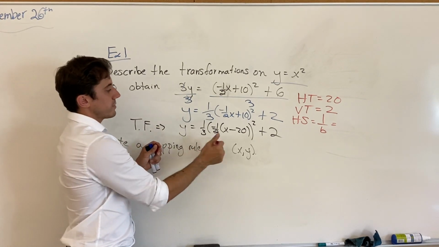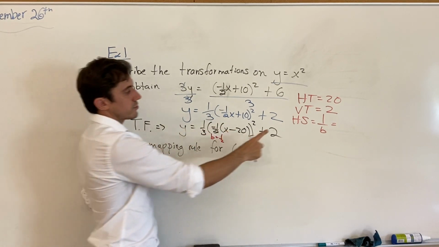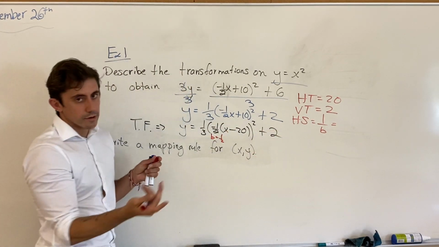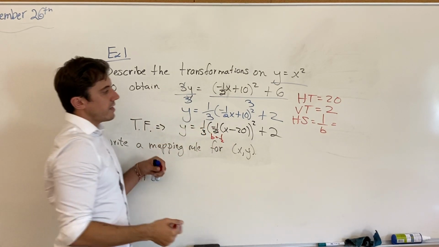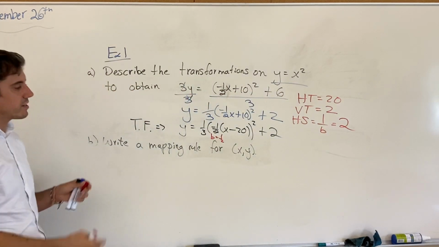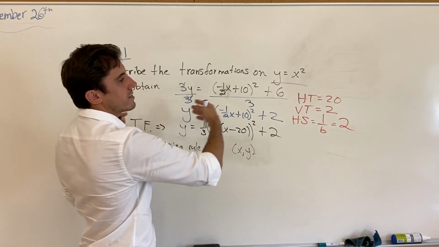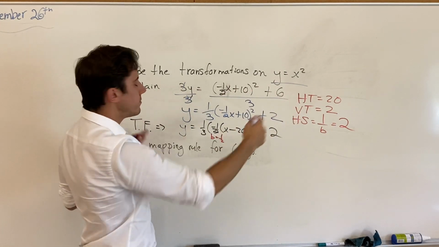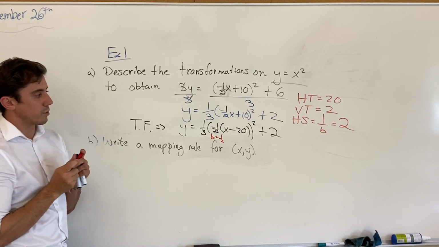Our b value is simply 1 half. I'll make a note of that. And so our horizontal stretch is 1 over b, or we can simply think of taking the reciprocal, flipping it, and so we get a horizontal stretch of 2. Okay, one way to think of it once we get to graphing is that horizontal stretch 2 means the graph is twice as long. Okay, but anyways, we'll get into that again when we get into the graphing portion of things.